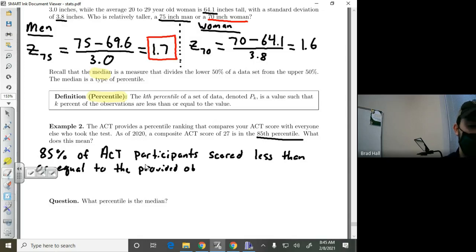Or I guess, since they do state the provided observation, we're equal to an ACT score of 27. That'd be more appropriate.